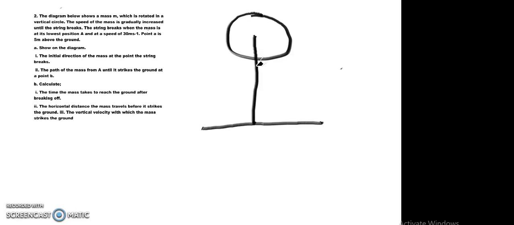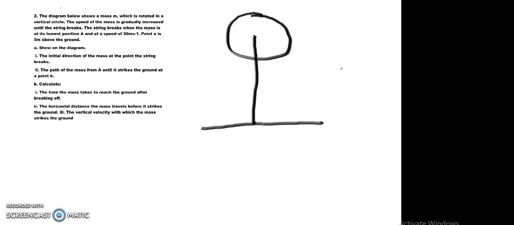The speed of the mass is gradually increased until the string breaks. The string breaks when the mass is at its lowest position A and at a speed of 30 meters per second.